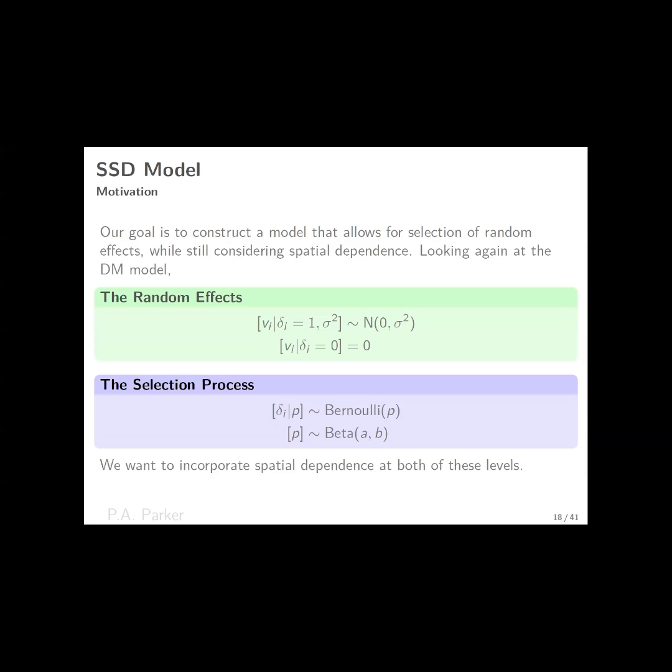So you can think about our quantities theta are going to be spatially correlated, but also the idea of whether or not a random effect is included is also spatially correlated, right? An area that does not need a random effect is probably going to have nearby areas that also don't need a random effect or need a random effect with lower probability and vice versa. And so we want to incorporate spatial dependence at both of these levels.